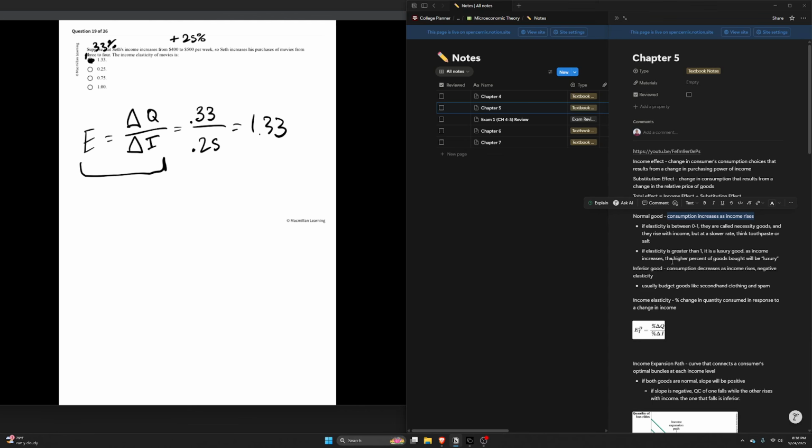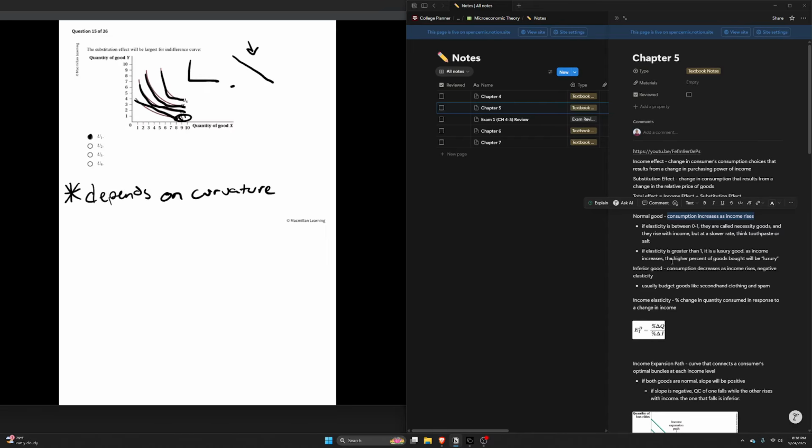You might see elasticity equals percent change in Q over percent change in Y. That might be what your formula looks like, but this one is easier for me to understand, so that's the one I'm going to have on my sheet.